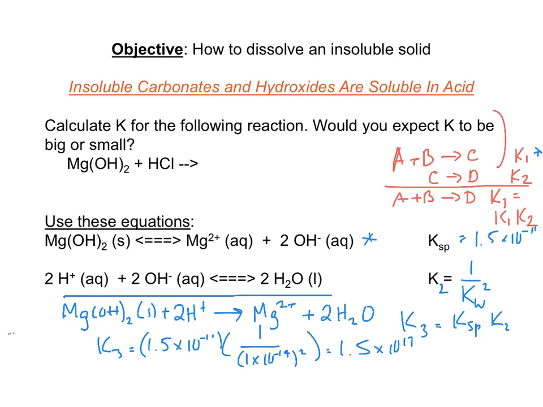That's called Ksp. The reverse of this reaction is the dissociation of water, Kw. We multiply that reaction by a factor of 2, therefore we have to square the equilibrium constant. Adding the two equations together gives us this equation, and our equilibrium constant for this reaction is 1.5 times 10 to the 17th, a very large equilibrium constant, which tells us that this reaction occurs.